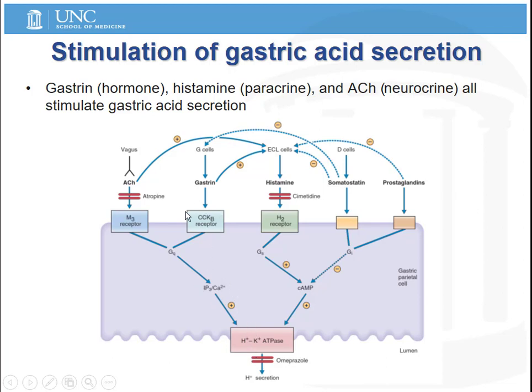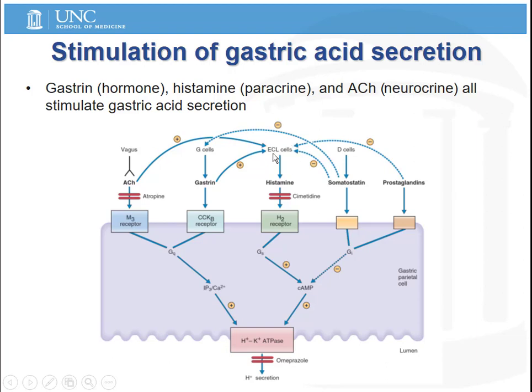The intestinal hormone cholecystokinin, or CCK, can also bind this CCK receptor, but its action is much less potent than gastrin at physiologic levels. Gastrin also indirectly stimulates acid secretion by activating the CCK receptor on the ECL cells.